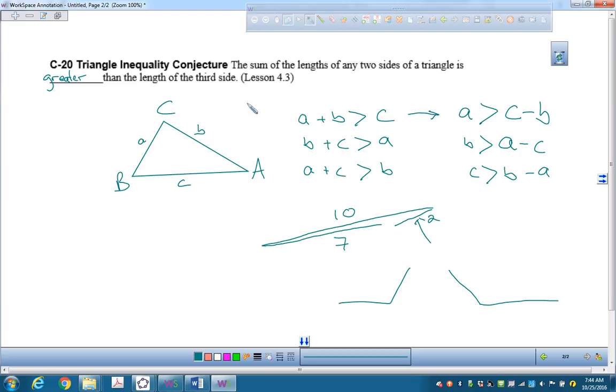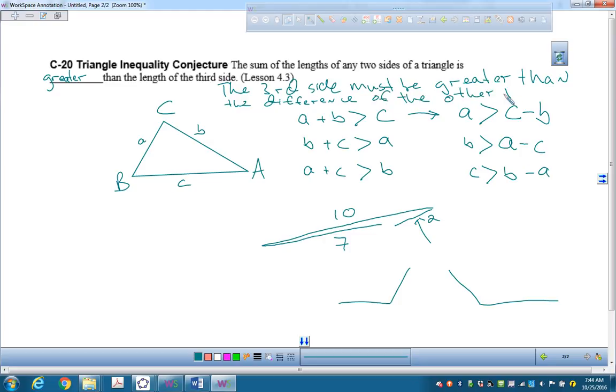And you might also include there that the third side must be greater than the difference of the other two sides.